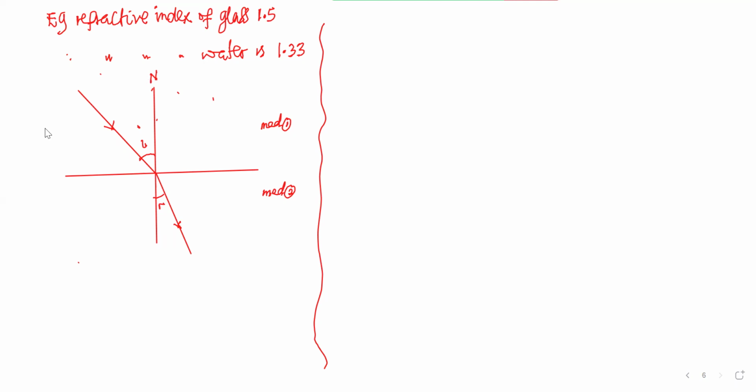Now, just as we also saw for reflection, this incident ray ideally has this path. Ideally, this is the supposed path of the incident ray.